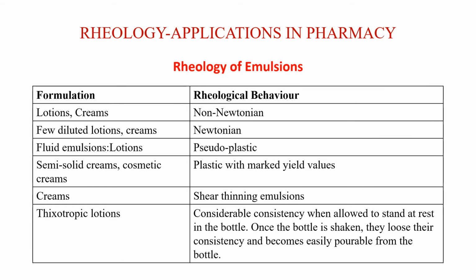When you're rubbing it, you're creating shear stress. The viscous nature of the cream gets lessened and it gets easily applied on the skin as a thin film. Hence, this kind of system is known as a shear thinning system. When you apply shear, some thinning or decrease in the viscosity is seen. So, this phenomenon is known as shear thinning.